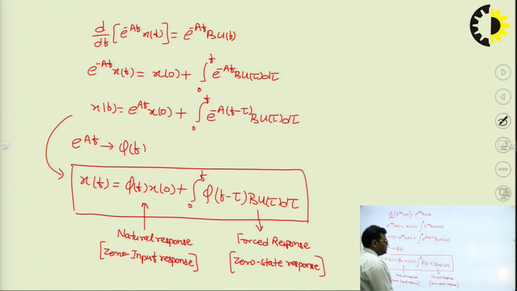So this is the solution of the non-homogeneous state equation, right? This is the conventional method to solve it, or we can say this is the time domain method.